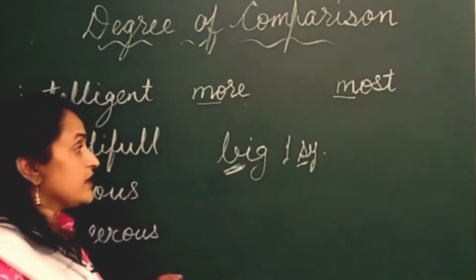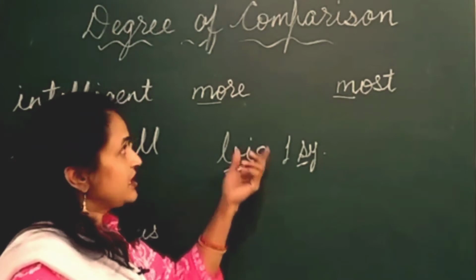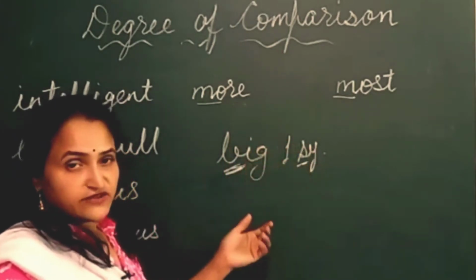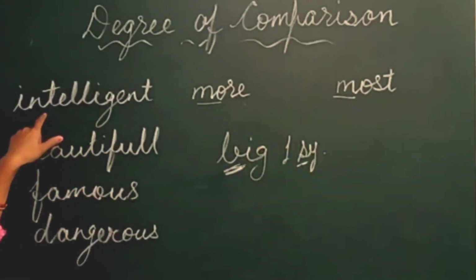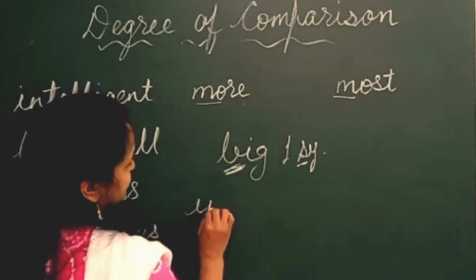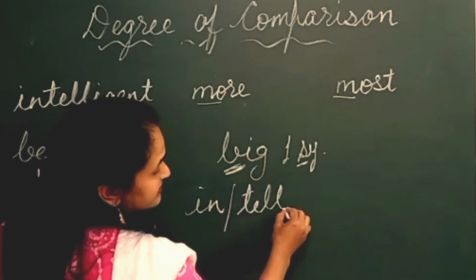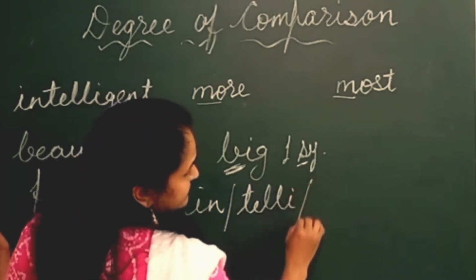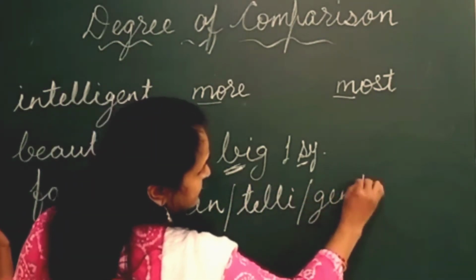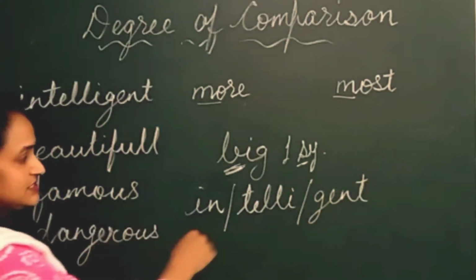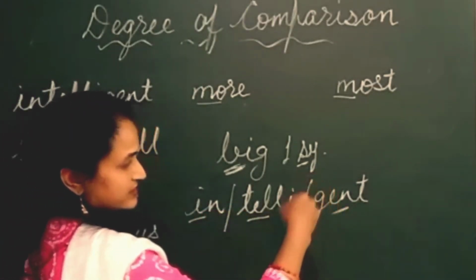To make its comparative and superlative degree, we use er or est with it. But if we see the word intelligent, here there are three syllables.